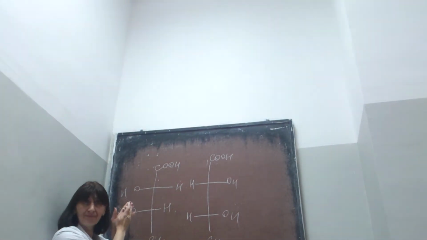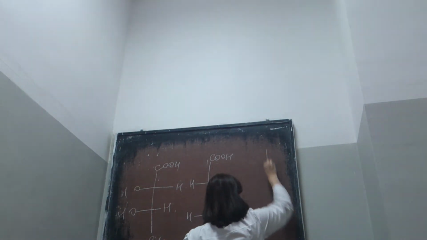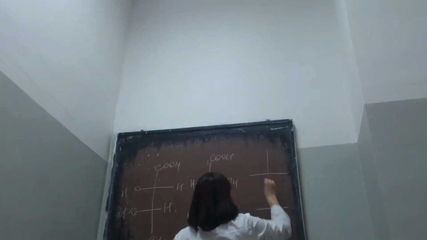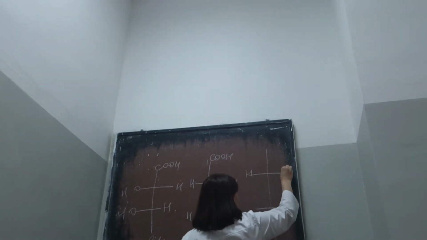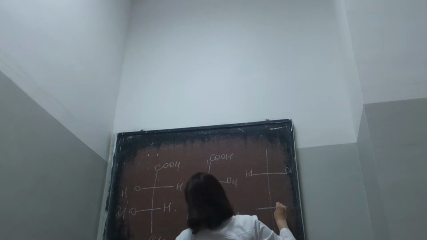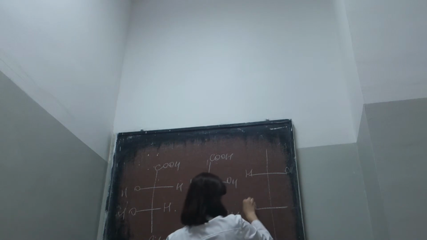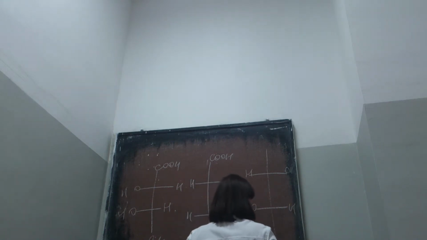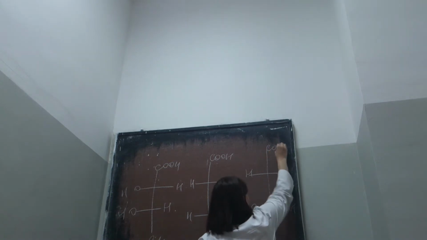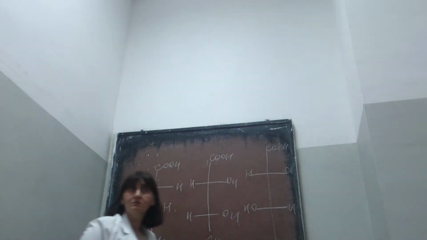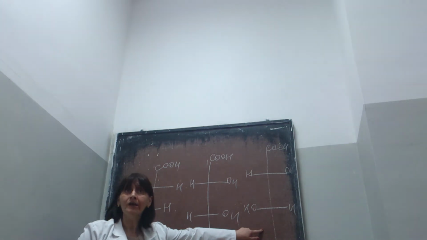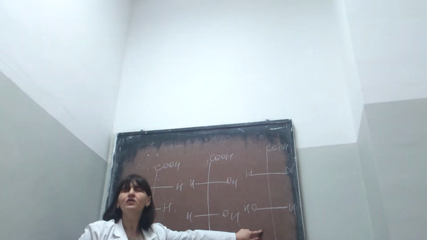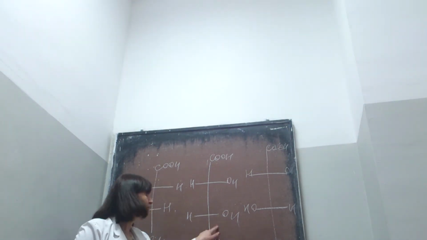Now, if I draw this version, what about this one? This is once again a configurational stereoisomer of these two structures.